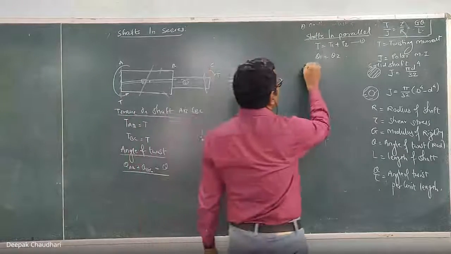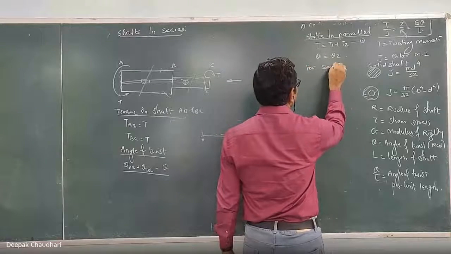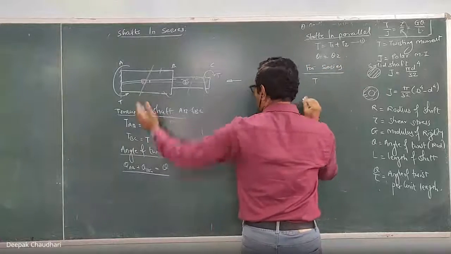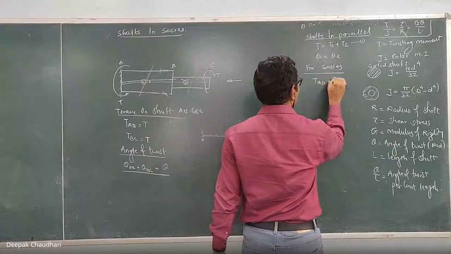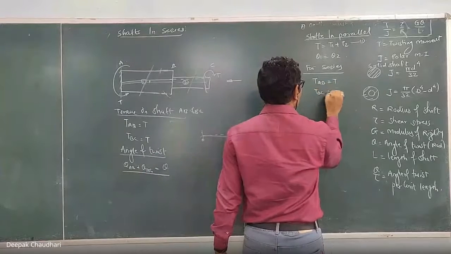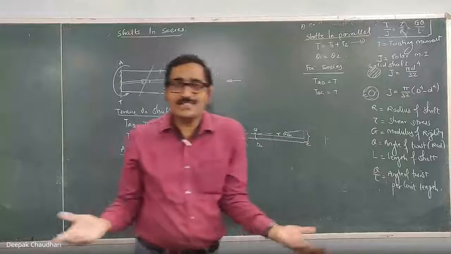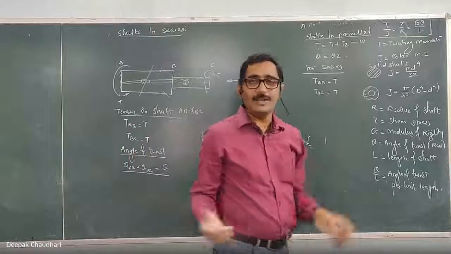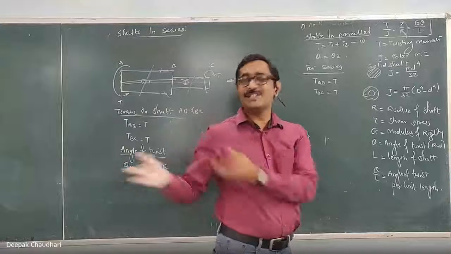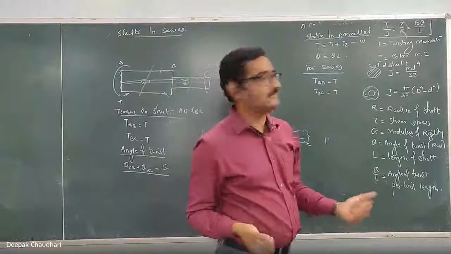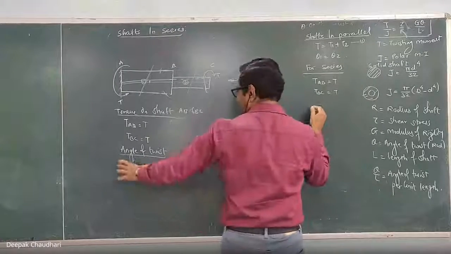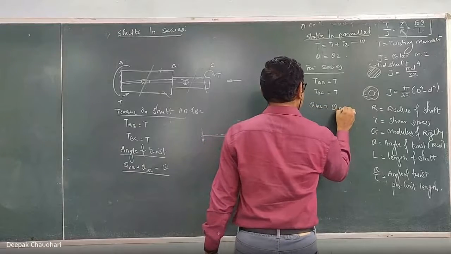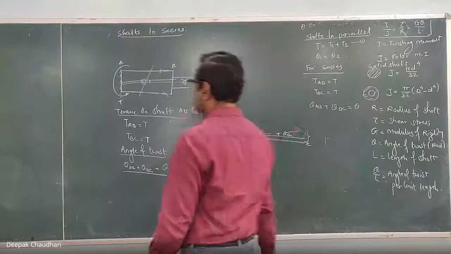For series, the torque relation you can write down is TAB equal to T, TBC equal to T. For this there is no such formula; I can't write TAB equal to TBC, because if the application is different, the relation will be different. And the theta relation is theta AB plus theta BC equal to theta. This is the total angle of twist.